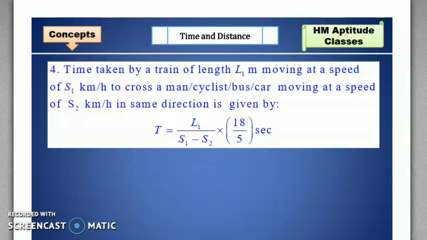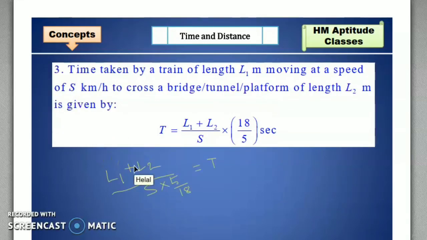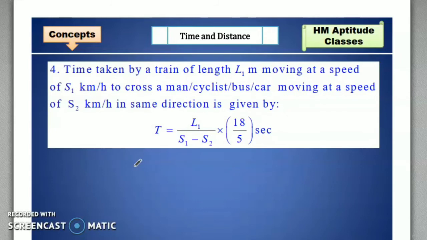In the fourth concept, it's the same idea, but here we need to think about the speed parameter more. It is the time taken by a train of length L1, moving at a speed of s1 kilometer per hour, to cross a man moving at a speed of s2 kilometer per hour in the same direction.